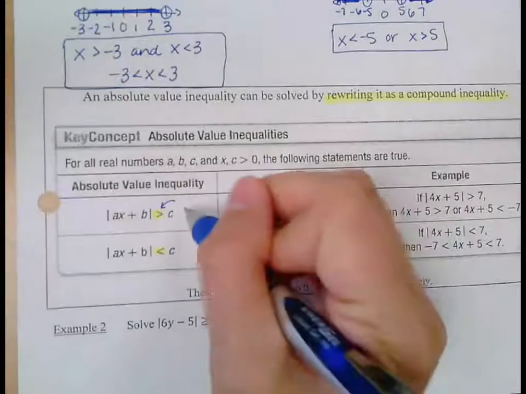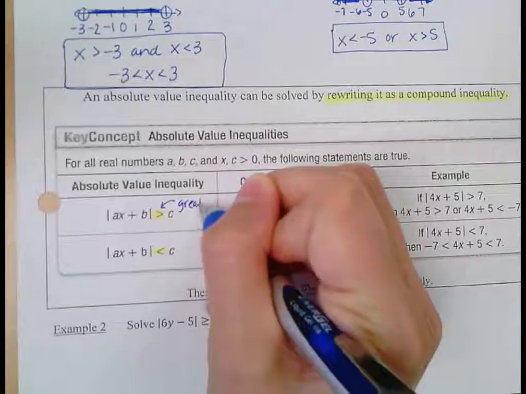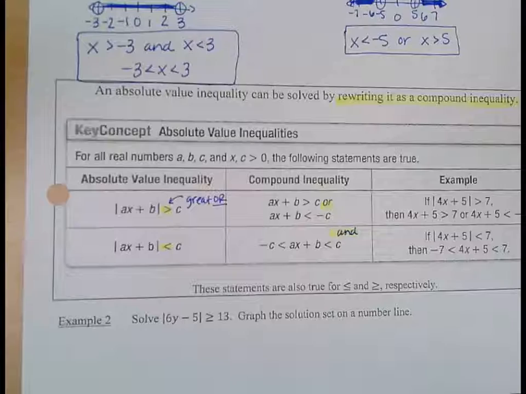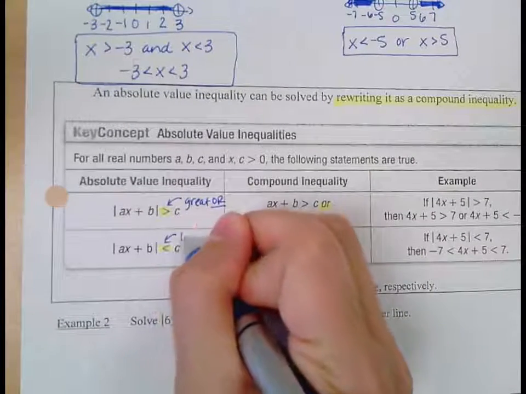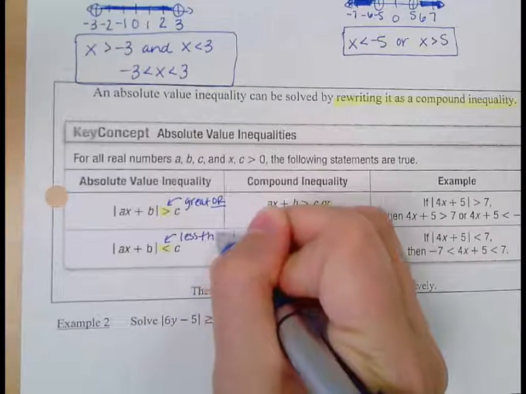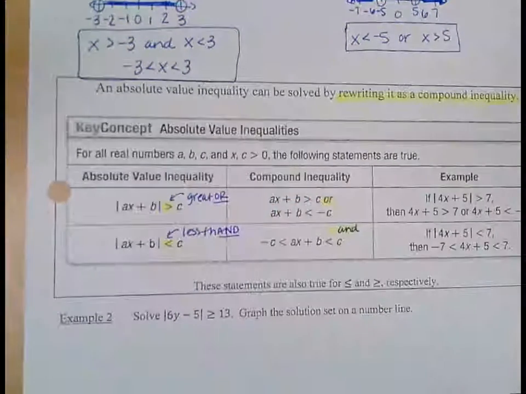When I see a greater than symbol, I think great or, to remember that it's an or, and then a less than symbol, less than, to remember that it is and. So great or, less than, to remember which is which. It does make a difference. Whatever word you stick in the middle of those two inequalities makes a difference in your solution set. So yes, it matters what word is written there.